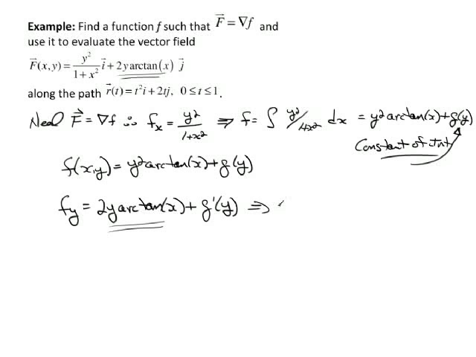That implies that g prime of y is 0, which tells me that g of y must be some constant k, because that's the only way I get 0 when I take the derivative with respect to y. It cannot be a function of y, and likewise it can't be a function of x, or it would have shown up back over here. Because it can be some constant, I'm just going to take k to be 0.